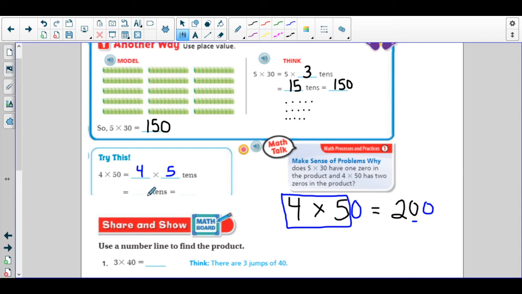That gives us 20 tens. And if I were to count 10, 20, 30, 40, and so on, I'm going to get up to the 200 right here.